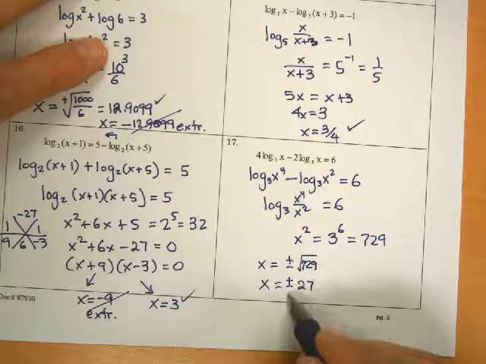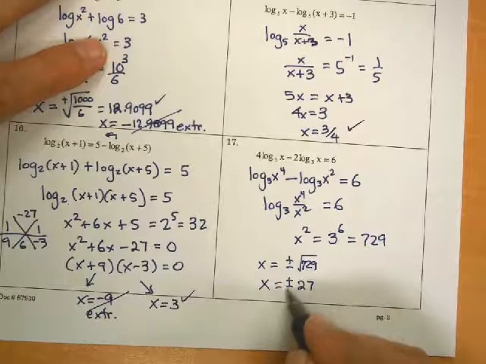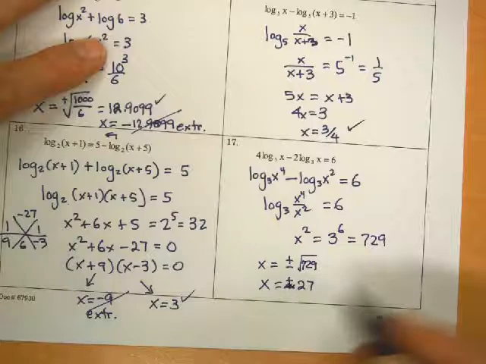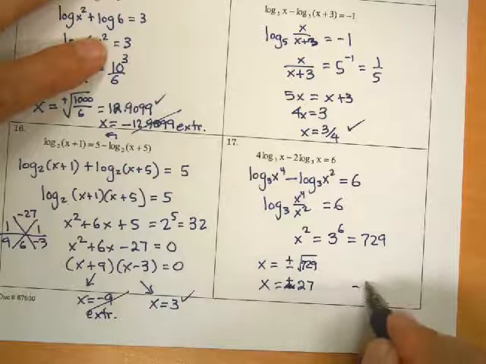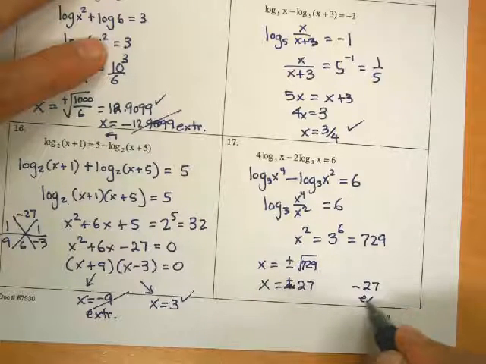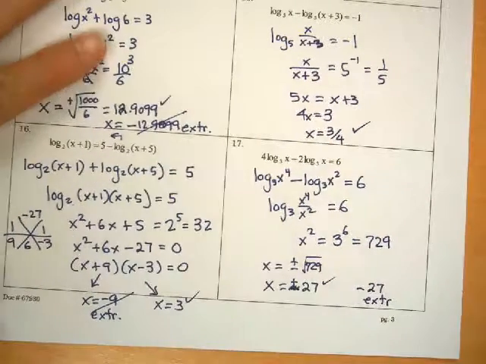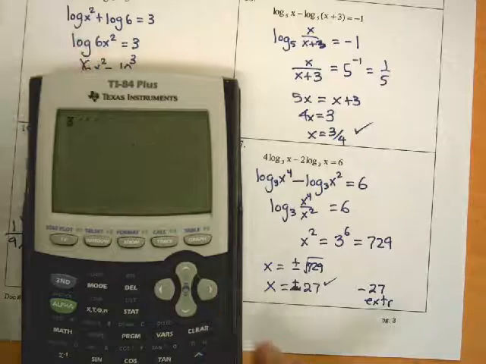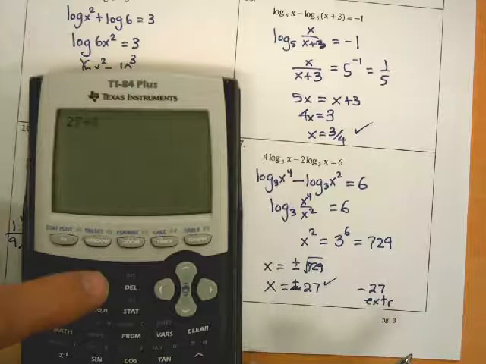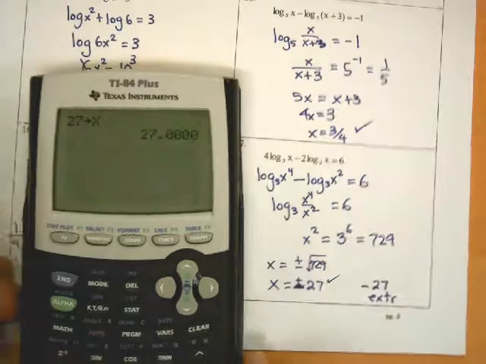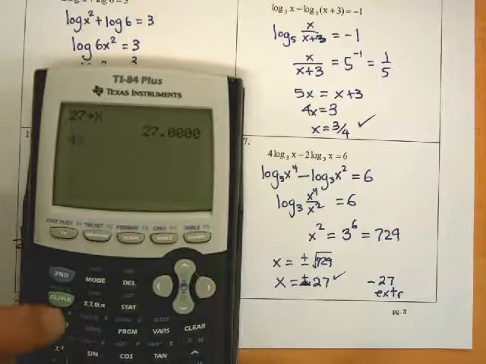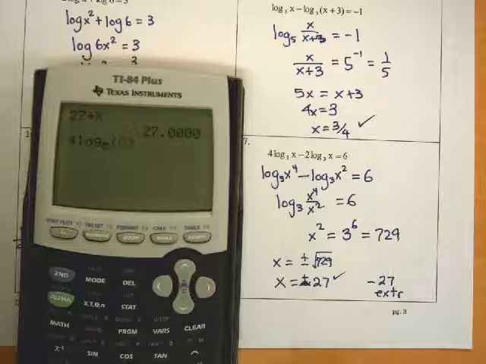And the negative here is extraneous, so we're just going to scribble it out here and write negative 27 is extraneous, but this one, positive 27, is going to check. Let's try it. 27 stored for x, and then go 4 times the log base 3 of x.